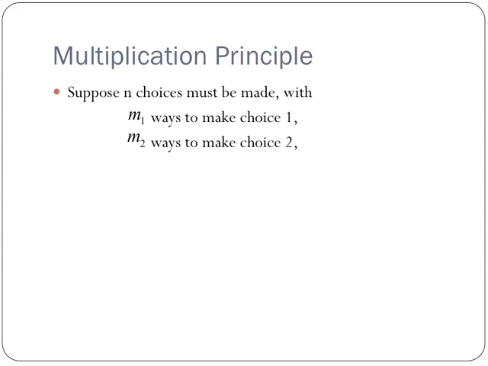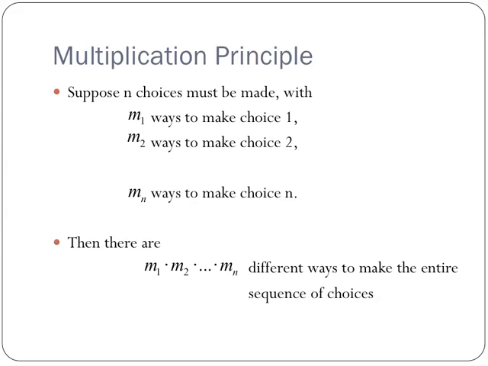M2 ways to make choice 2, and so on, all the way up to N. So Mn ways to make choice N. Now, if you want to know altogether how many different combinations there are of coming up with a sequence of choices, then you would simply multiply the number of ways for choice 1 by the number of ways for choice 2, and so on. And that will give you all the ways in which you can make a sequence of choices.